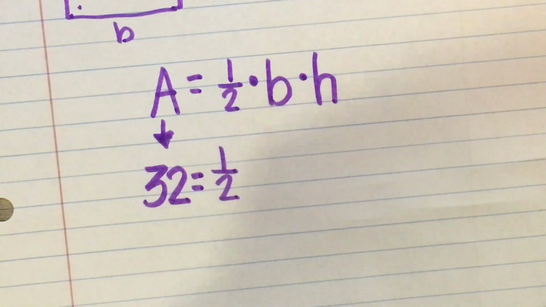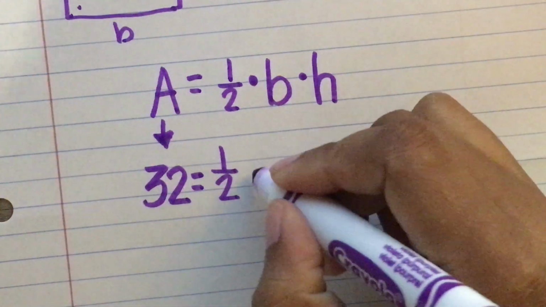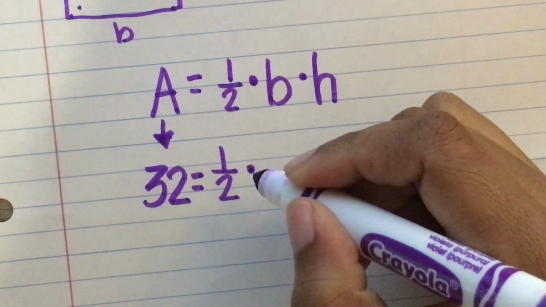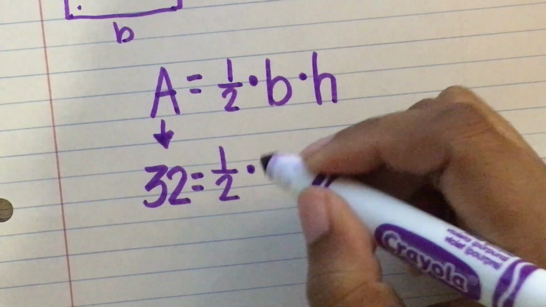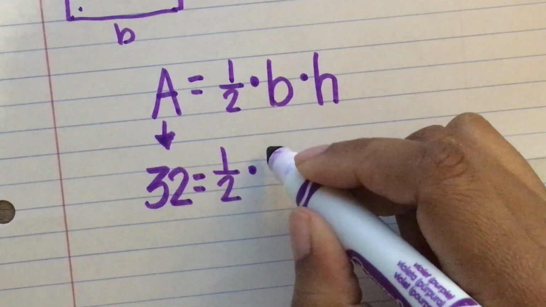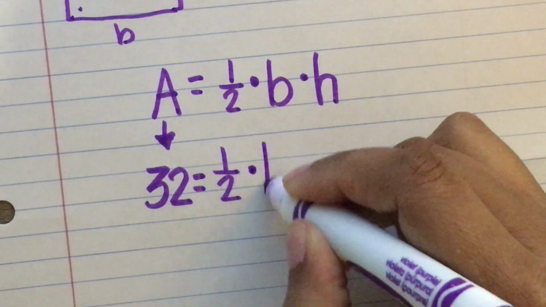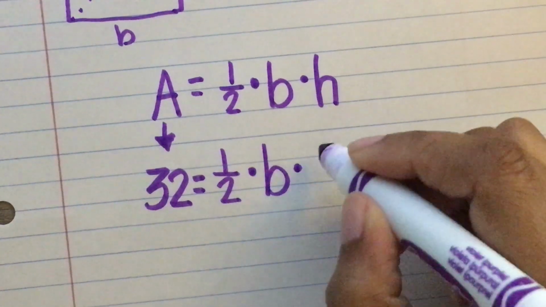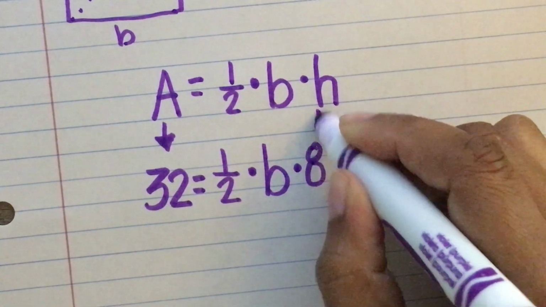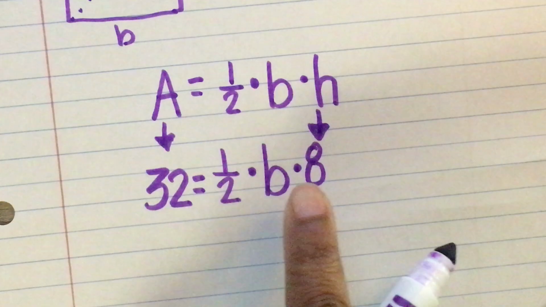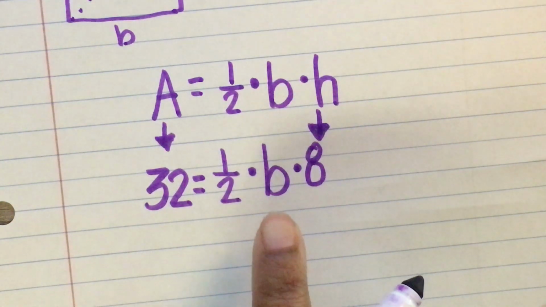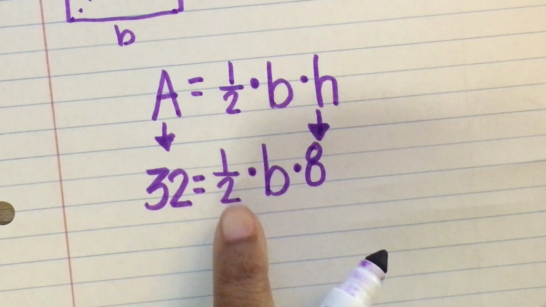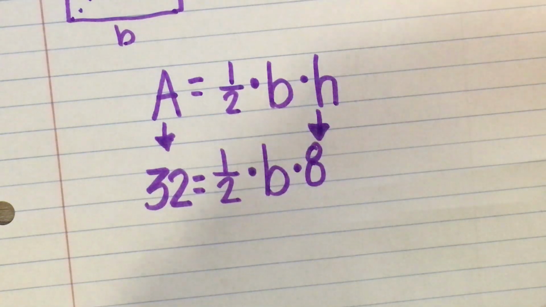It does not change. Then we're going to multiply that by the base, because we don't know what the base is. That's what we're looking for. And then we multiply that by height of 8. So in the problem, they tell us that the height is 8. They don't tell us what the base is. That's what we're looking for. And then the 1/2 is always 1/2. So now we have to figure out how to put all these together.